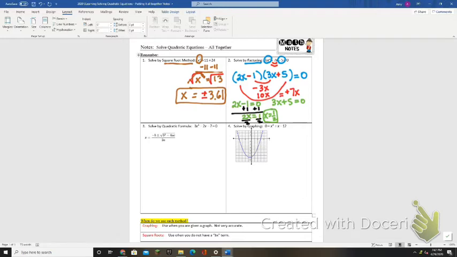And then on the other side, I'm going to subtract 5 from both sides, which gives me 3x equals negative 5. And then I divide by 3, so those cancel. I get x equals negative 5 over 3.